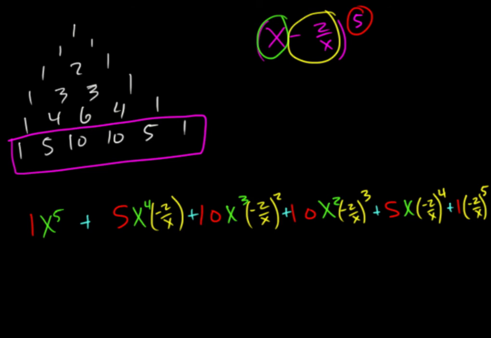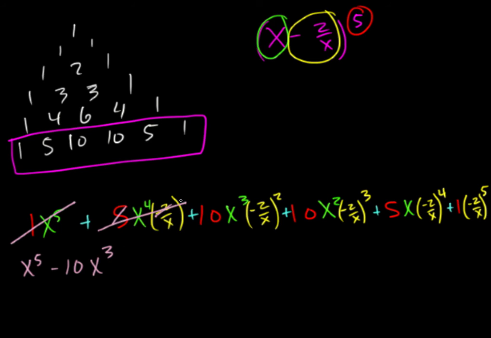Okay, now we just need to simplify. So this is just going to be x to the 5th. Right here, we're going to have 5 times negative 2, so that's negative 10. And then we have x to the 4th divided by x, so that's going to be x cubed.